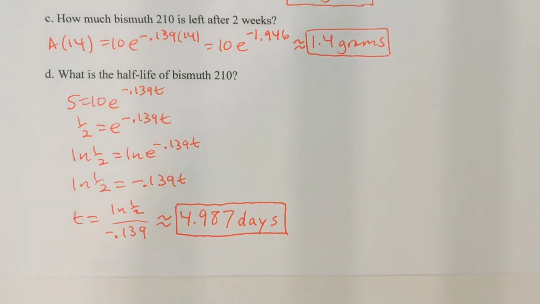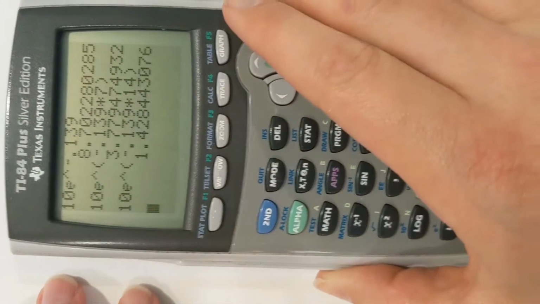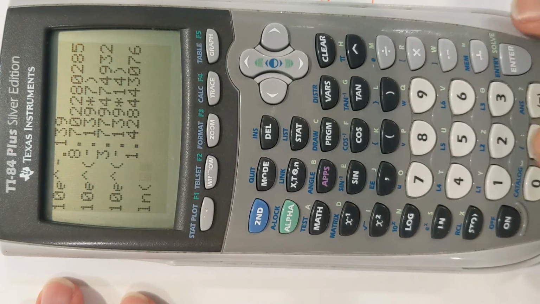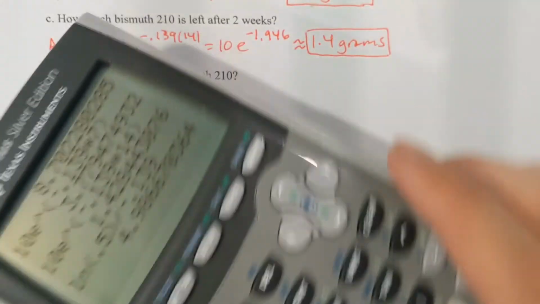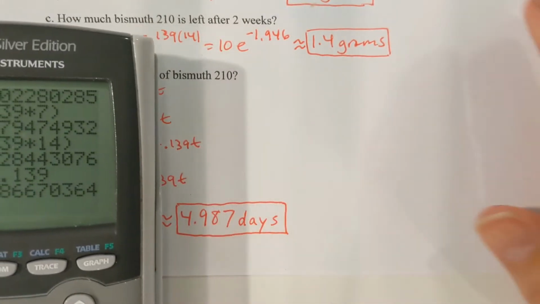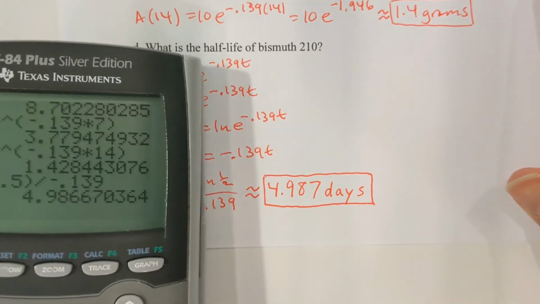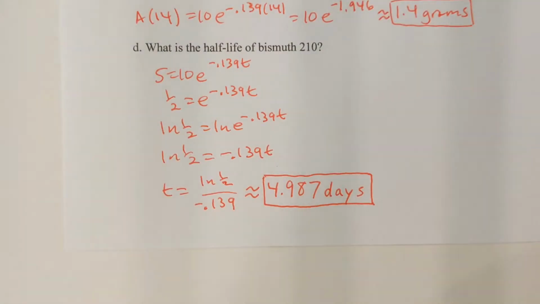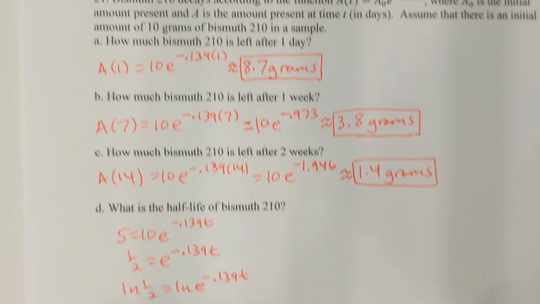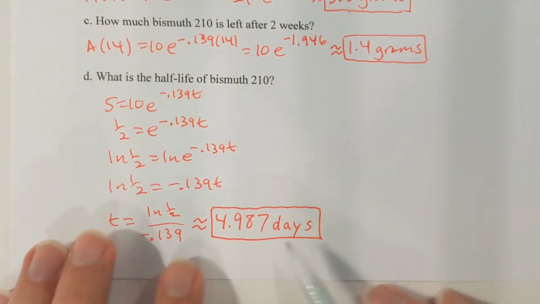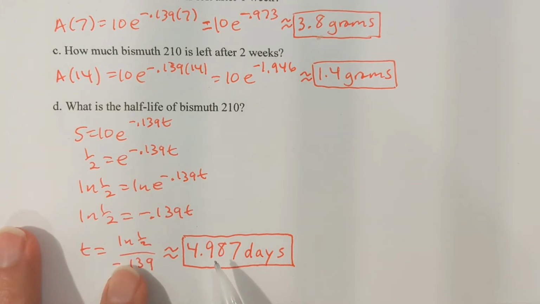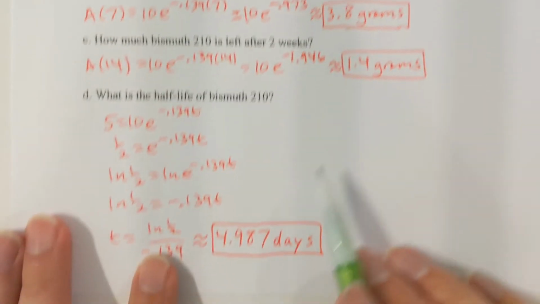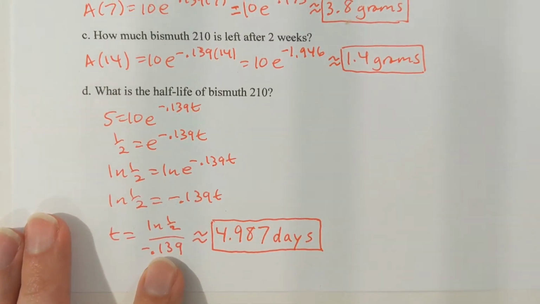And then go to the calculator and type in ln of 1/2 divided by negative 0.139. And I'm getting 4.987 if I go nearest 3 digits on that. Days, the time is in days here, so I'd want to include the units in my answer. And just as we expected, this was less than a week to get down to 5 grams.